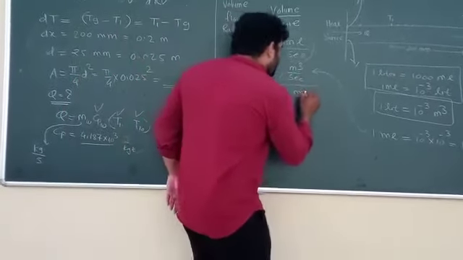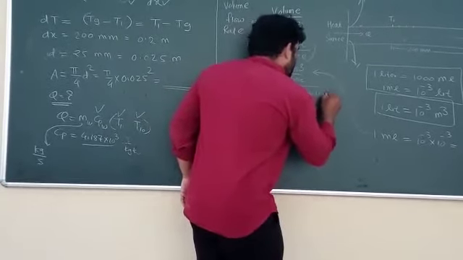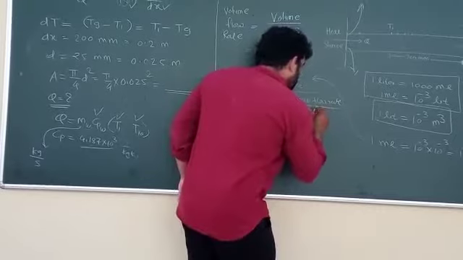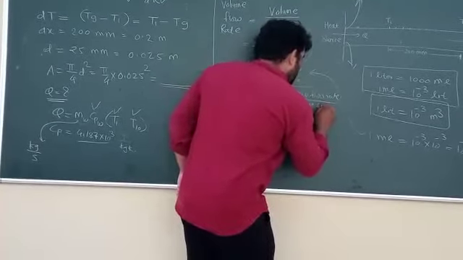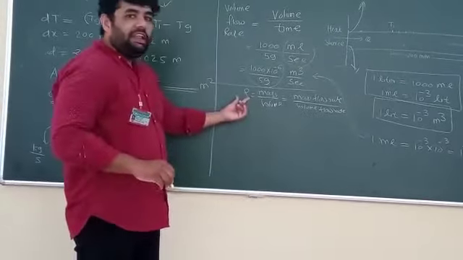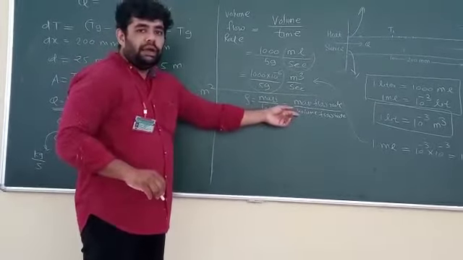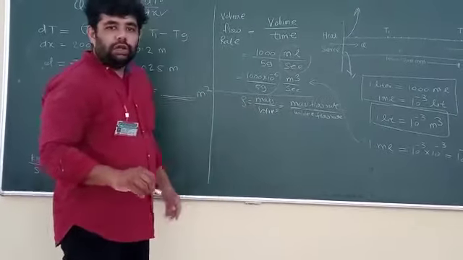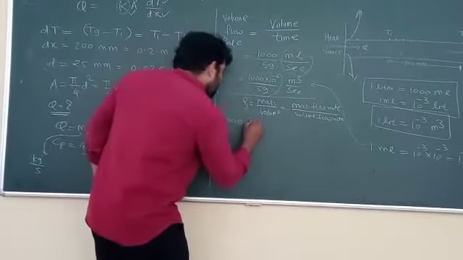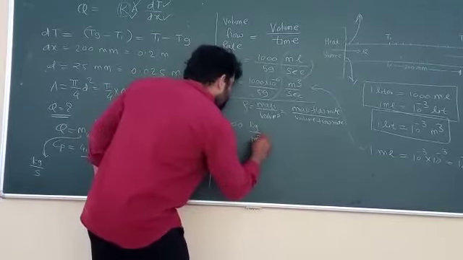So density will relate the mass flow rate and the volume flow rate. Now we know the density of water. Density of water will be 1000. What is the unit? Kg per meter cube.